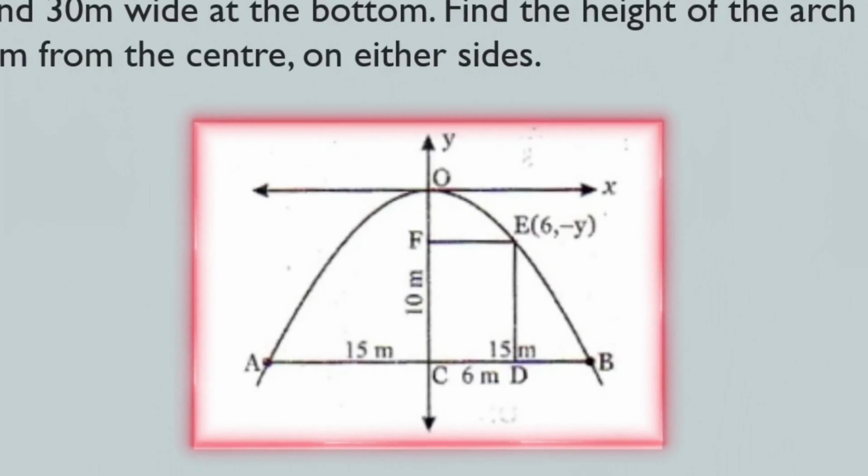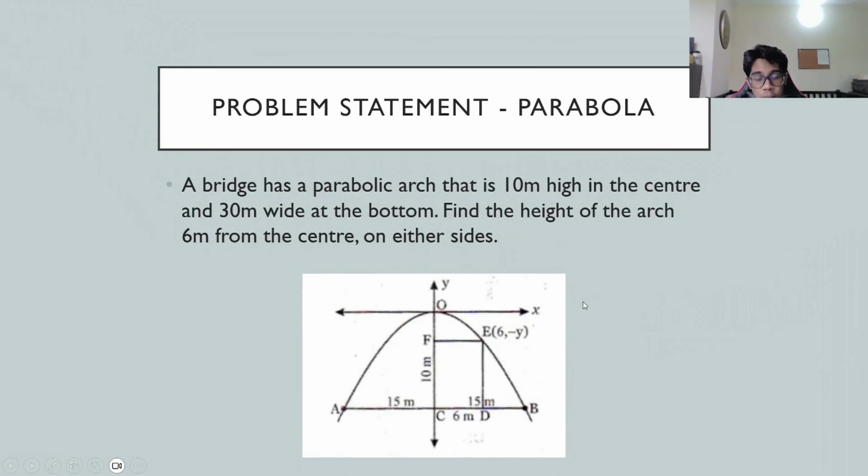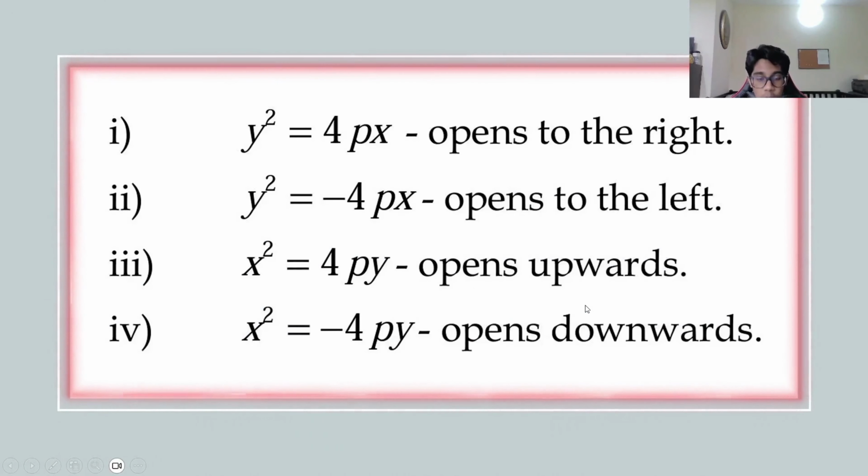So we have the diagram down here, and what they actually want from these questions is the height from D to E, which is 6 meters away from the center. In order to find the answer, first of all, we need to know the equation.